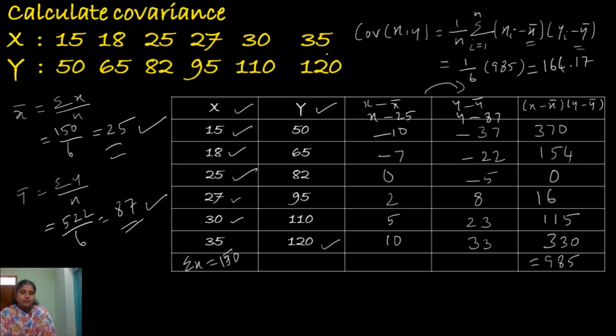So covariance between x and y is 164.17. Here there is a plus sign. So based on the covariance, we have to understand that a positive relationship exists between the variables x and y. And 164.17 is nothing but the magnitude.